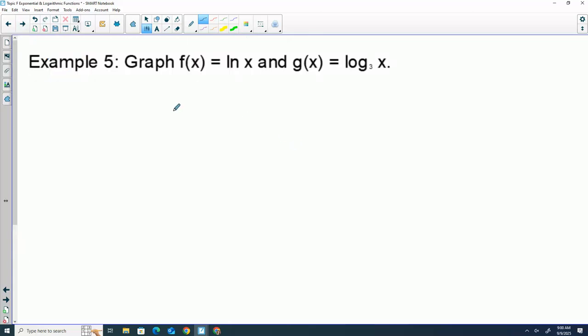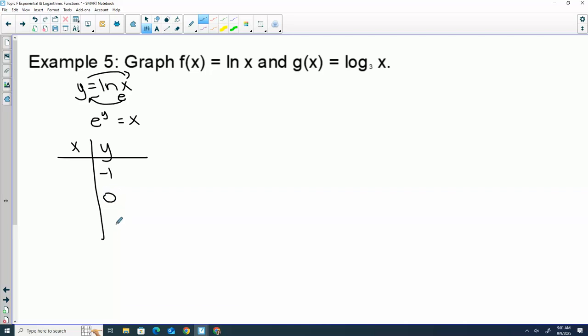So let's graph some logs. We know f of x is the same thing as saying y. And what we did anytime we wanted to graph it is we rewrote it as an exponential. The base of ln is e, so that means e to the y power equals x. So when we make our t-chart, now y is the exponent.